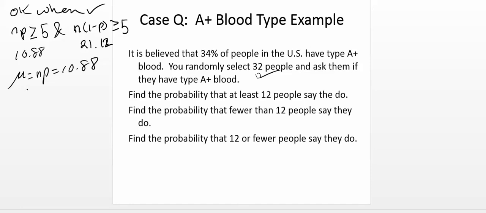Next, we need the standard deviation, and we're told in this part of the chapter that the standard deviation is equal to the square root of n times p times 1 minus p quantity.